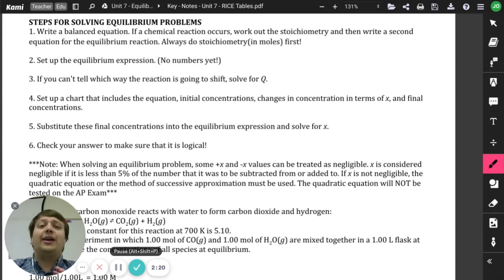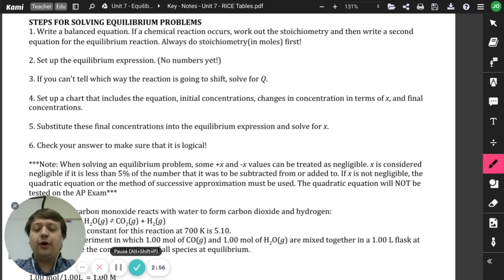Now, here is a shortcut, or a note for you: when we're solving an equilibrium problem, sometimes our negative or positive X's are treated as negligible. When we compare those X's to the value they are being removed from or added to, if that X is less than 5% of that number, then we can assume it's negligible, which basically means it has such a small effect on the overall value that we can assume it doesn't affect it.